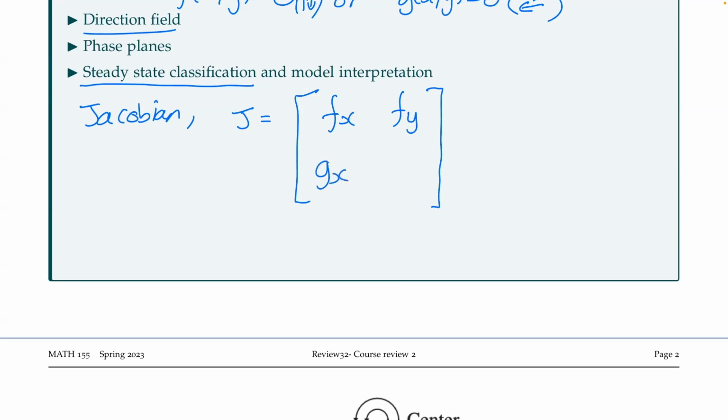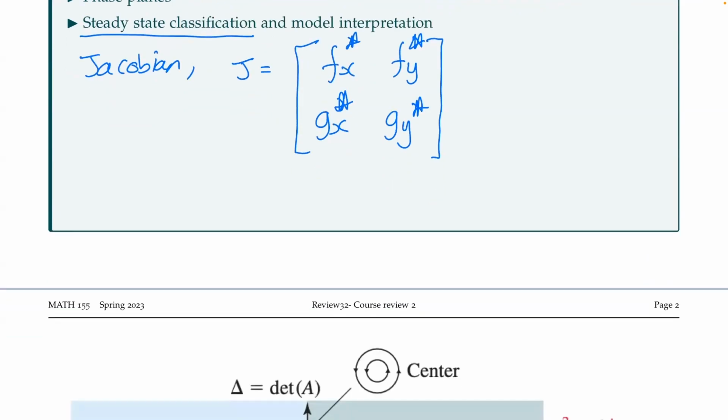And on the second row, our partials with respect to x and y of our second function. These are all evaluated at whichever equilibrium we're looking at. So you have a general Jacobian, and then you plug in your values for whichever equilibrium you're looking at.